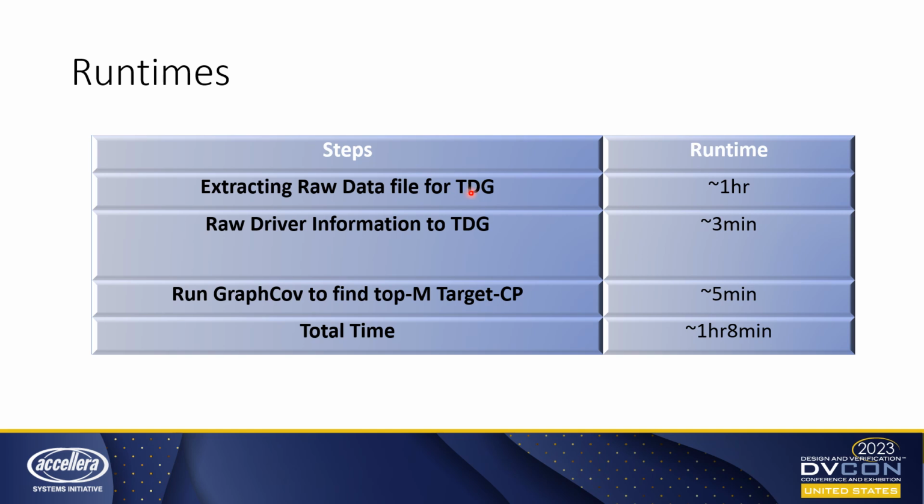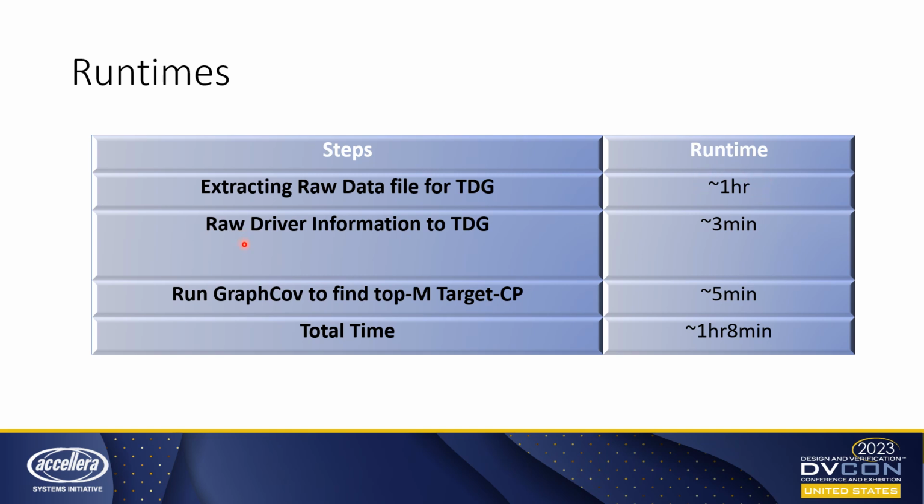So before moving over to the experimental results for GraphCov, I'd like to present at a high level what the runtimes are for this method. The first step, which is using NPI commands to extract the raw data file for the trace driver information, is about an hour for a unit level design at Nvidia.